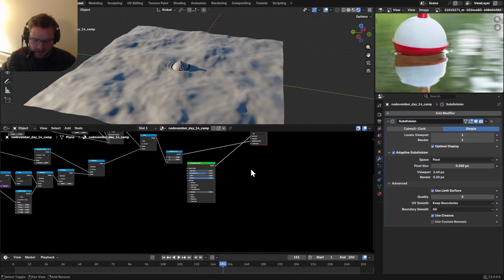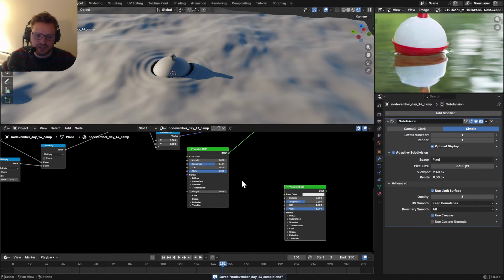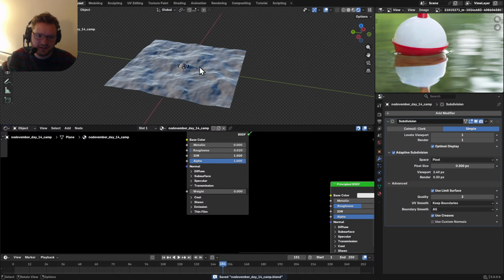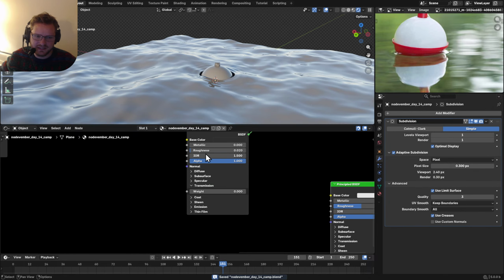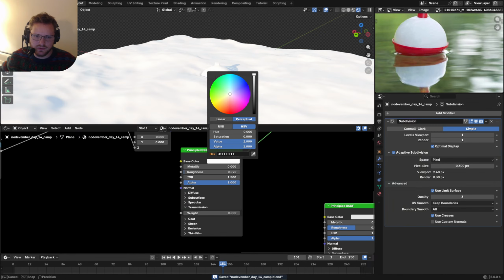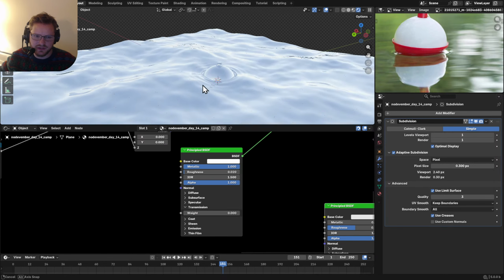So let's just make 2 principled BSDFs. Each one's going to act a little differently. So this is the water one. That's going to have low roughness, and it might be hard to model this in a one-dimensional plane that doesn't have any volume, but we'll try. So you want your water. I always forget if metallic's what you want.